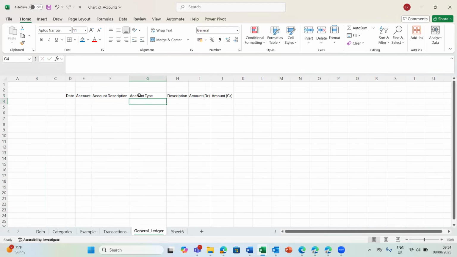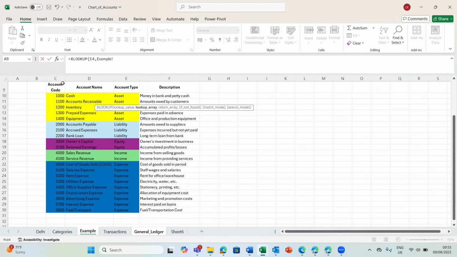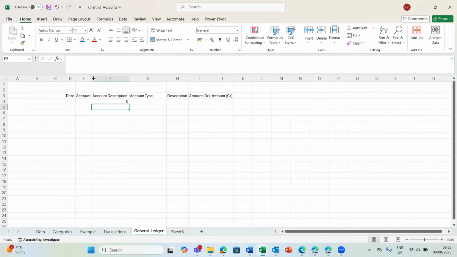Control Shift plus. I put the account type. All right. So what I'll do is I'll say equals XLOOKUP function. Lookup value here, comma. I'll go to example. This is the lookup array, comma, and the return array, enter, like that.